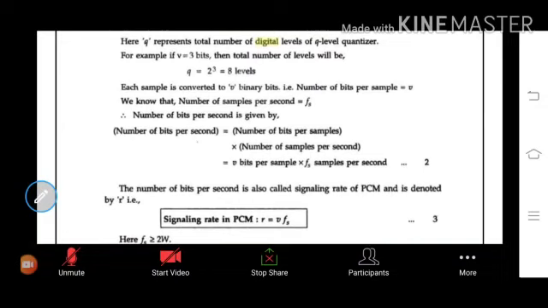One more thing is to find the number of bits per second, that is v bits per sample times the number of samples per second, Fs. So the signaling rate in PCM is v times Fs, where Fs is greater than 2 omega. The sampling theorem has three conditions: ideal, natural and flat top sampling.